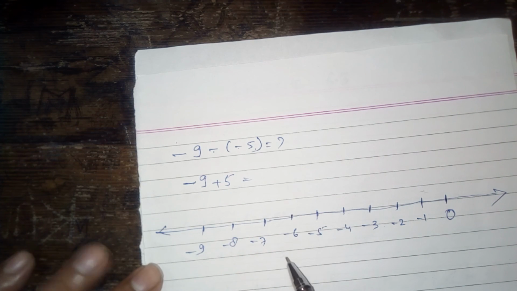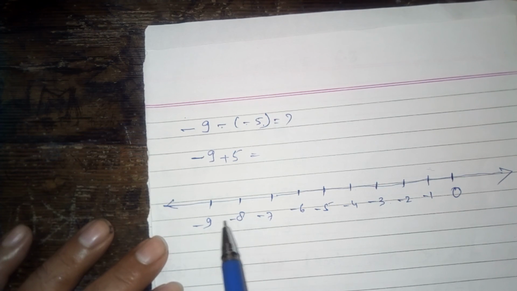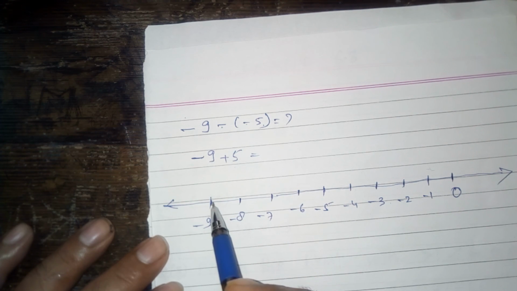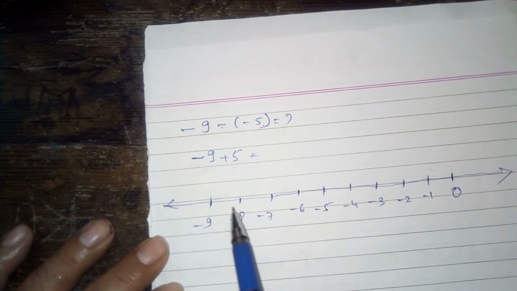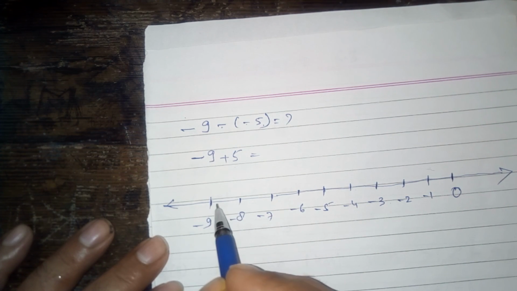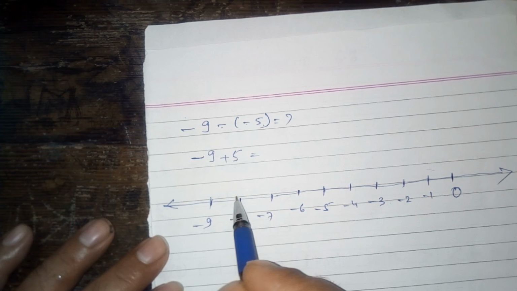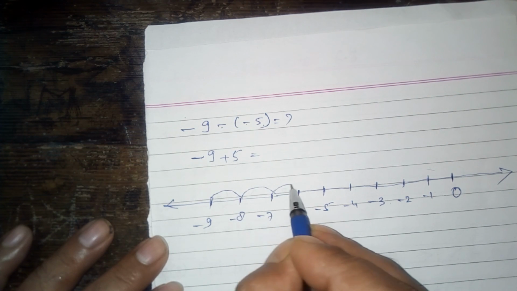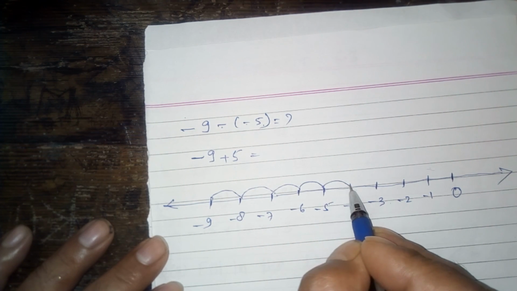Now let us discuss. From minus 9 we will move 5 steps to the right side of minus 9. Properly look here, first step, second, third, fourth and fifth.